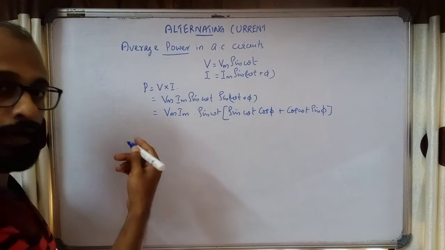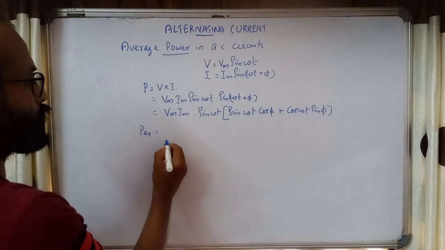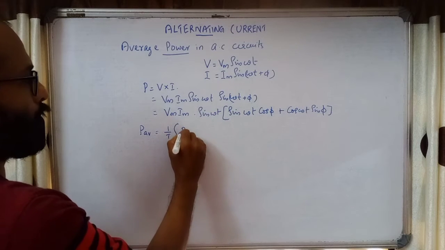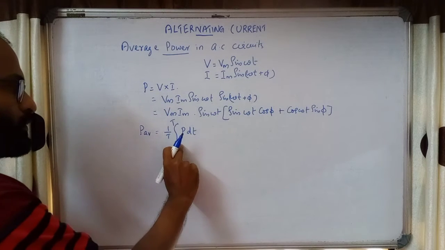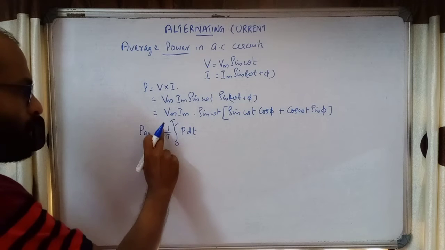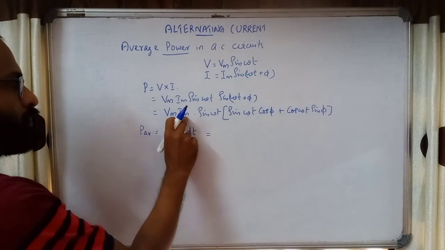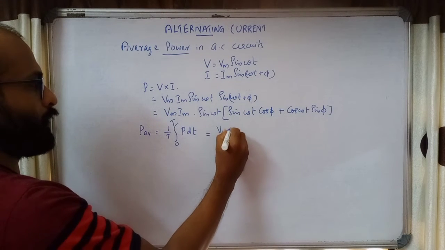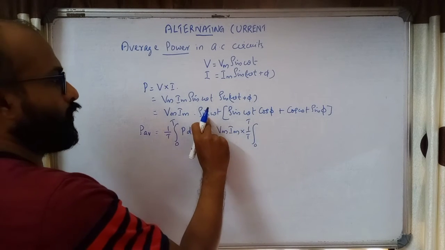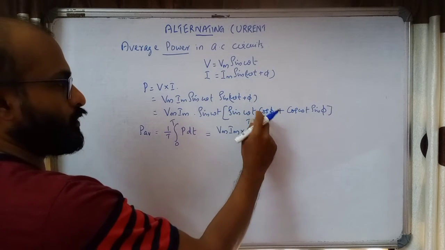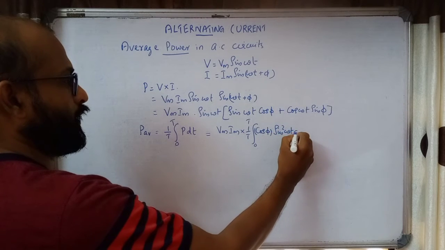Now how can you find average power for one full cycle? To find average power for a full cycle, we have the equation (1/T) ∫ P dt, integrated from 0 to T. I will substitute the equation of power. Vm and Im are constants, so I can take them out. Then I have (1/T) ∫ from 0 to T of sin ωt into sin ωt, that is sin² ωt, times cos φ, dt.